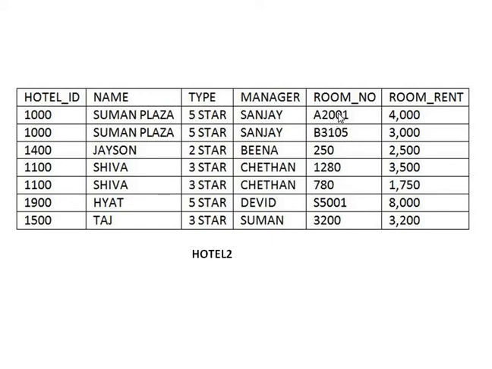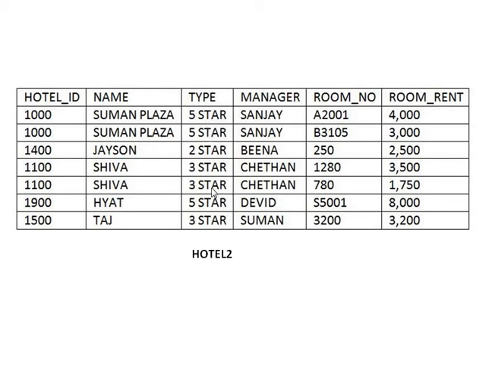Because there are two rooms in the same hotel. Hotel ID 1100 has 2 rooms, as well as hotel ID 1000 also has 2 rooms. Because of that, we need to write two different rows in this table.